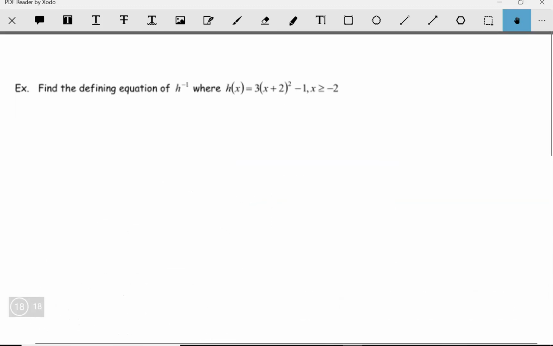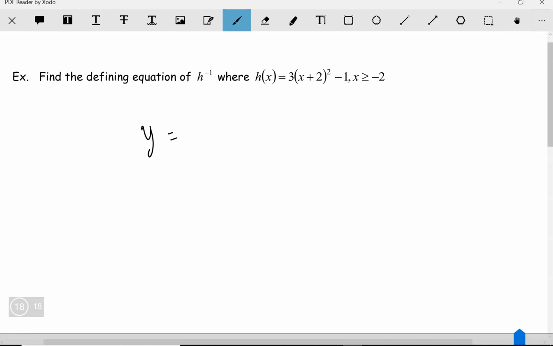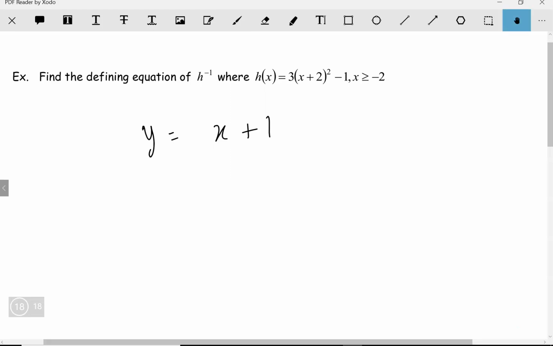So here, we can try looking at this. This is again the same question that we had before. But if we do switching operations, we get y equals the square root, plus or minus, of x plus 1 divided by 3, minus 2, I believe.